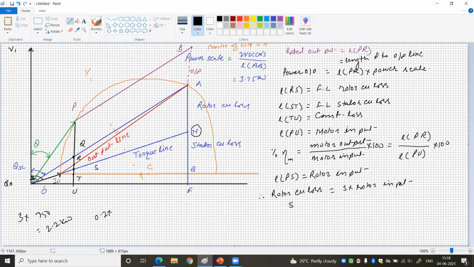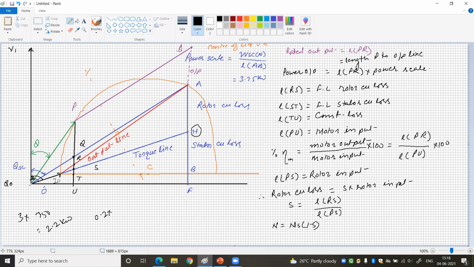So slip we can find as slip is equal to rotor copper loss, which is length RS, divided by rotor input, which is length PS. So we can determine the value of slip. Once we know the slip, the speed of motor is equal to Ns(1 minus S), so we can calculate the speed of the motor.